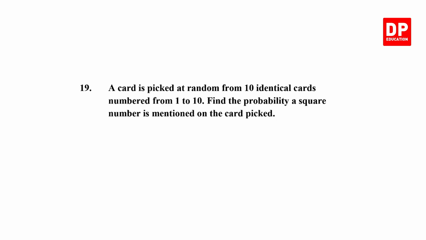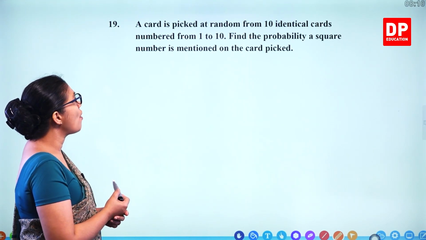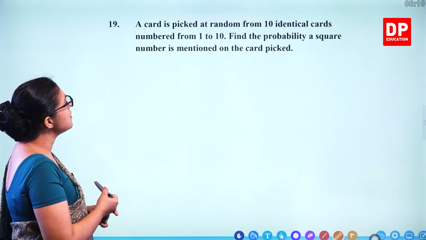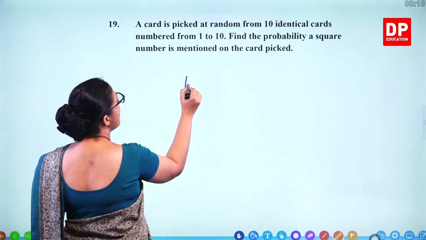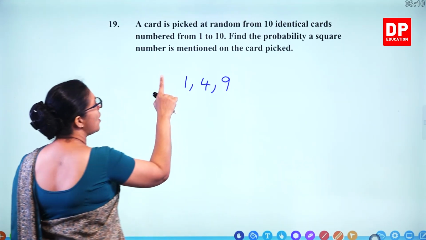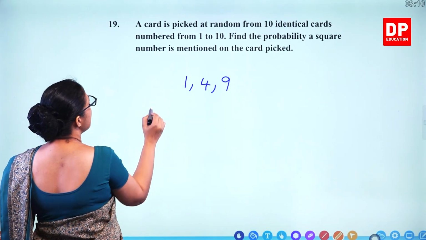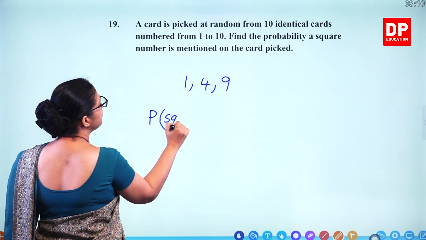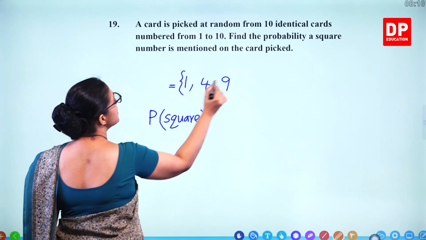Question number 19. A card is picked at random from 10 identical cards numbered from 1 to 10. Find the probability that a square number is on the card picked. What are the square numbers? 1, 4, 9, because 1 to 10 are there.